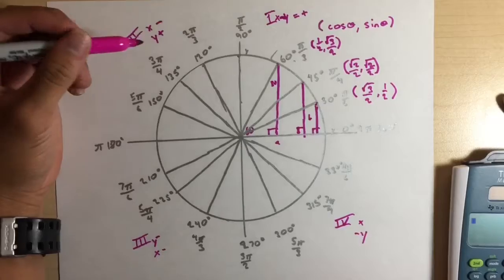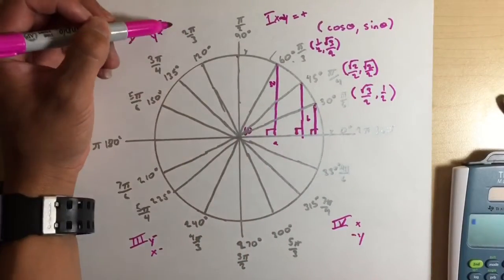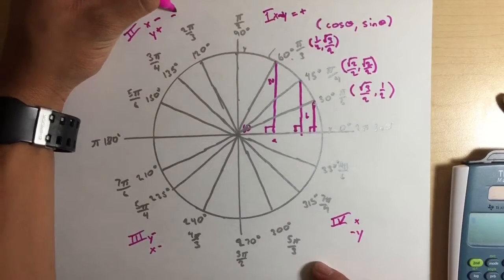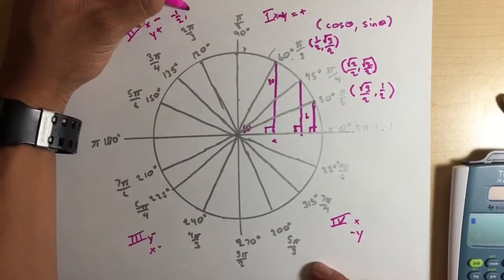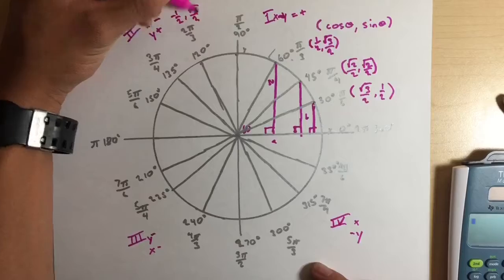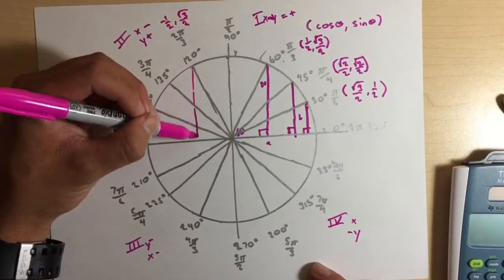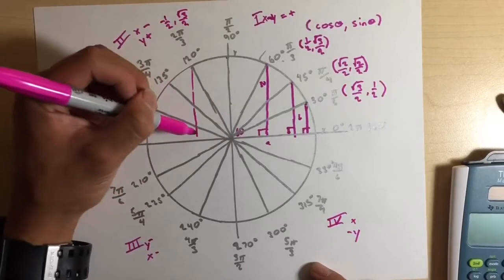Then from here we can just fill it out. Since it's a negative, it would be -1/2, rad 3 over 2, because this is the same triangle as this side, but just flipped.